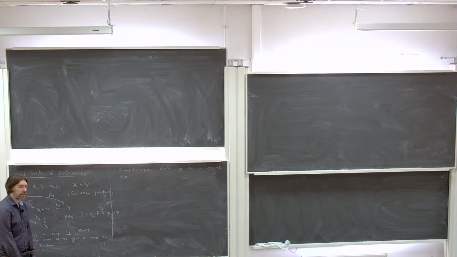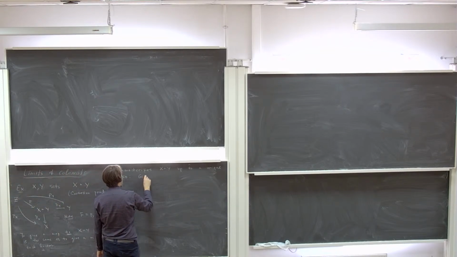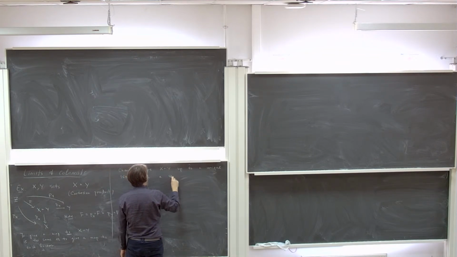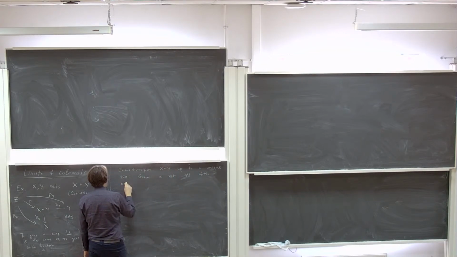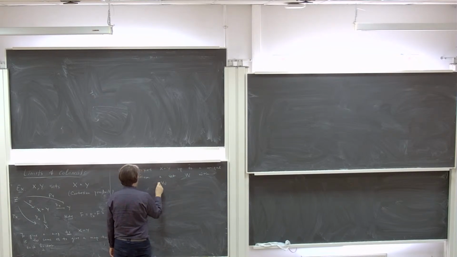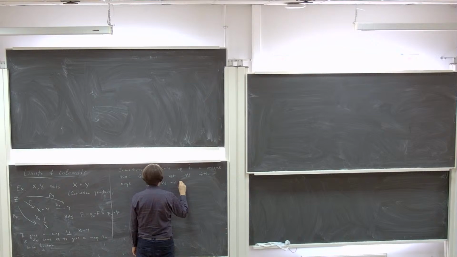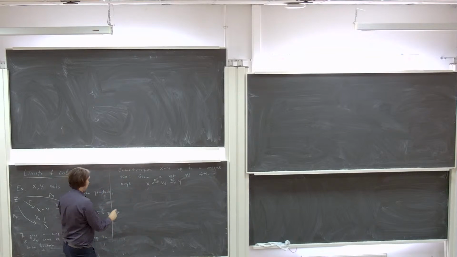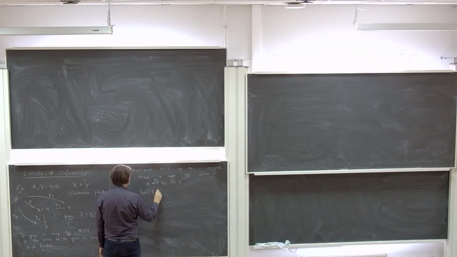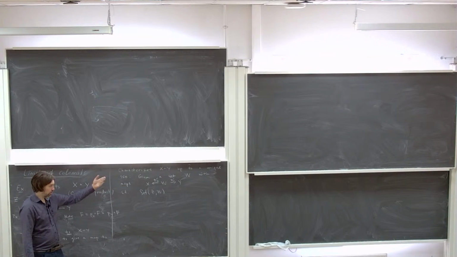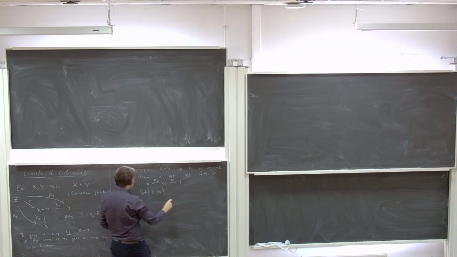Namely, if I have some other set, so given a set W with maps, I don't know, let me call it pi prime x to x and pi prime y to y, such that maps of sets from Z into W are the same as just what you get by looking at the two components composed.